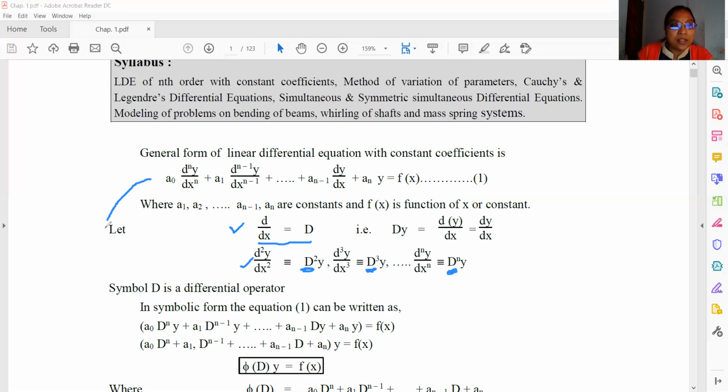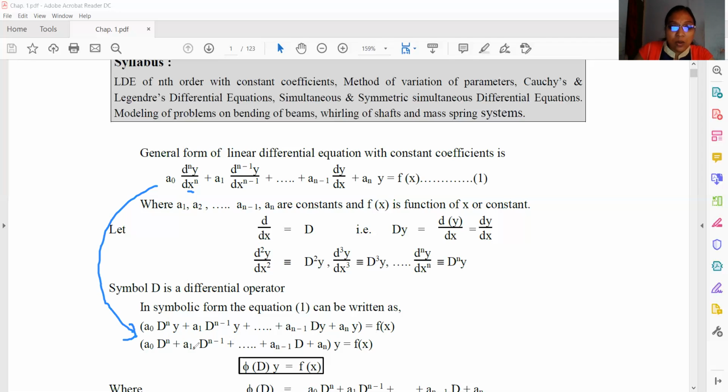So in this way, equation 1 will convert into a0 D^n y, then the (n-1)th derivative means D^(n-1) y, and so on up to a(n-1) D y plus an y equal to f of x.